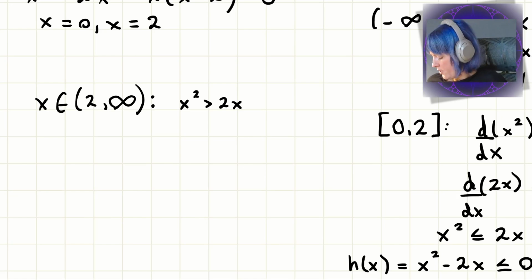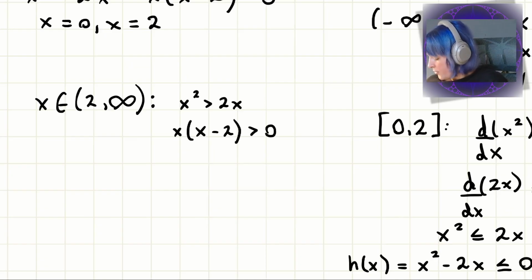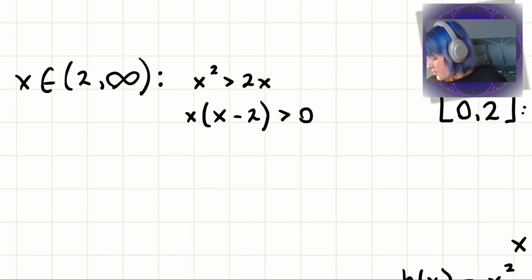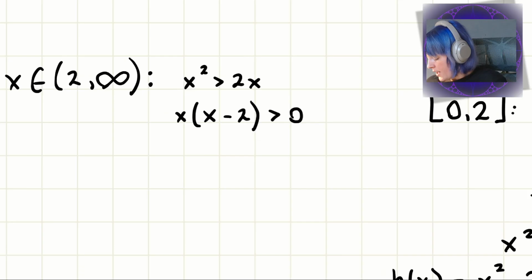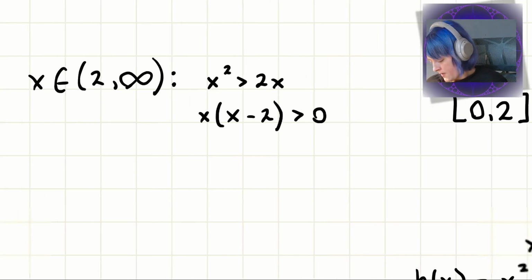We're going to need to do the same thing and show that for x between 2 and infinity, this statement must be true. What we know is that these two functions intersect when x is equal to 0 and 2.